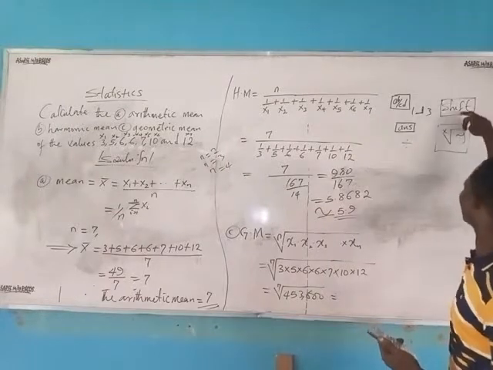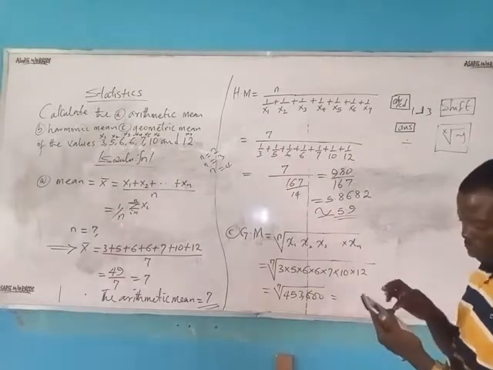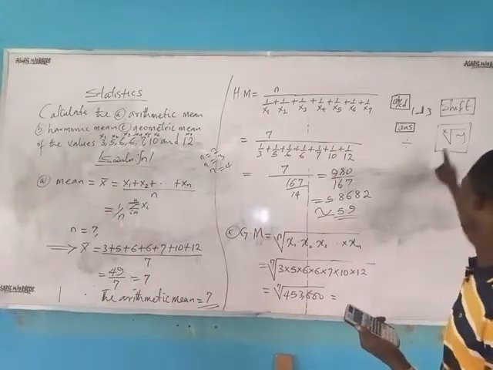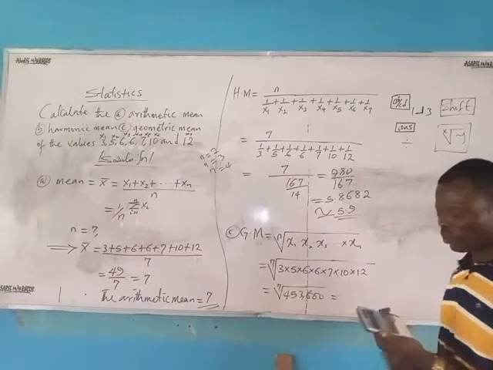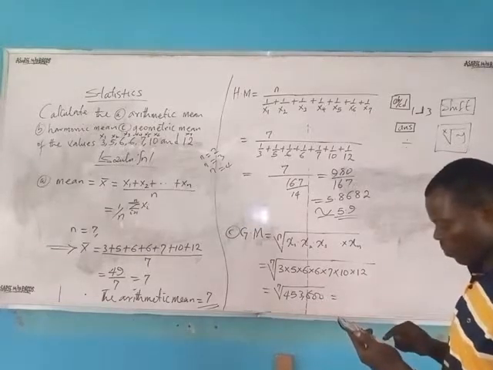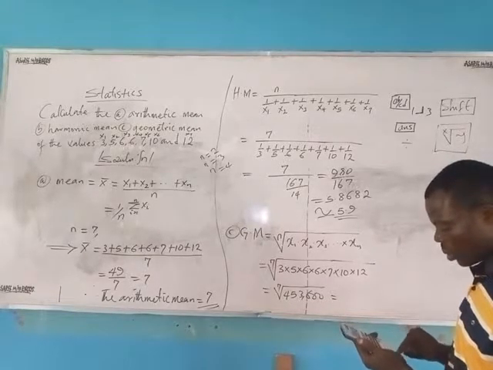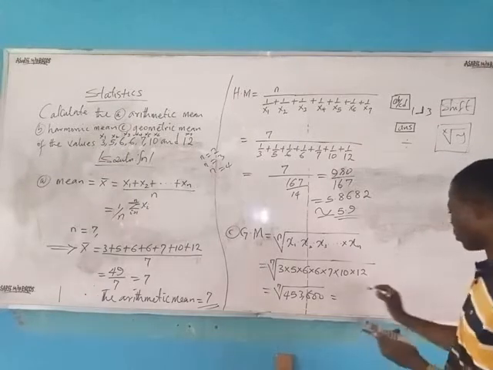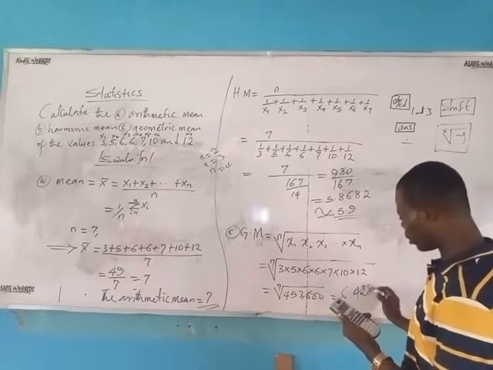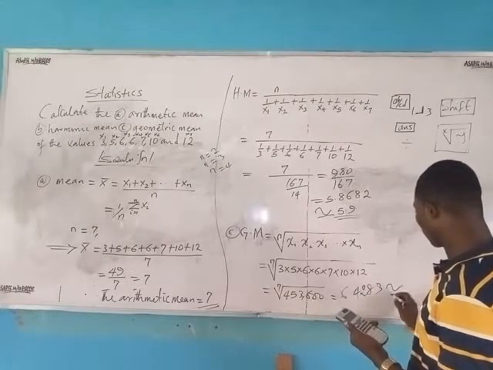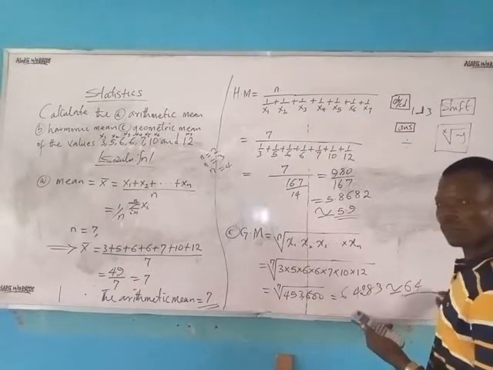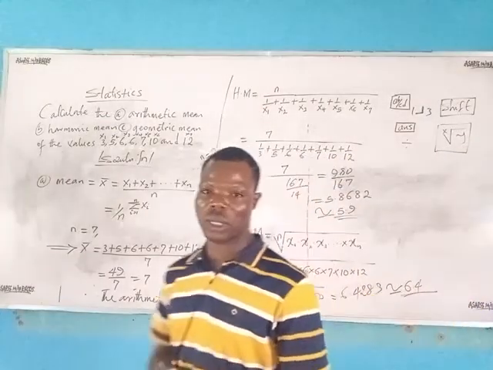When you press shift, you now press that one, and your X will now be replaced by 7. Then inside the root, you write 453,600. So the answer will be 6.4283. So you can approximate it to 6.4.